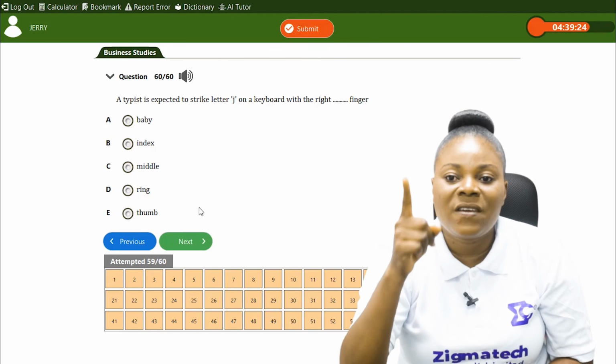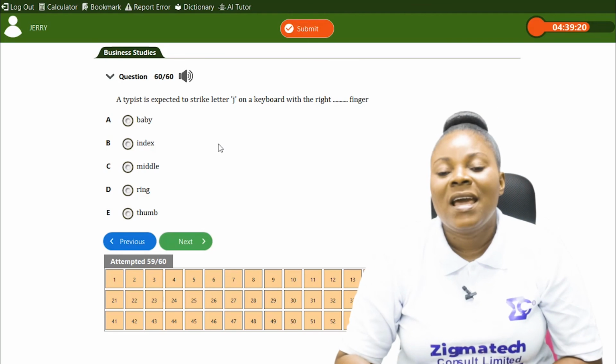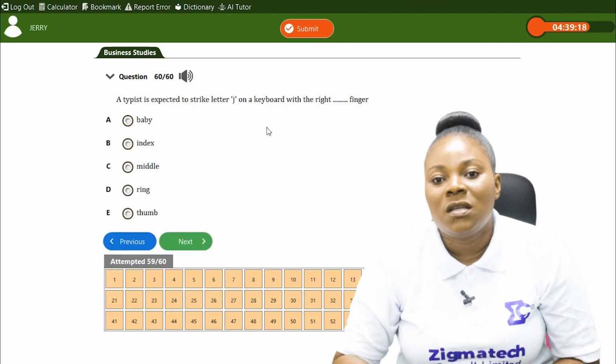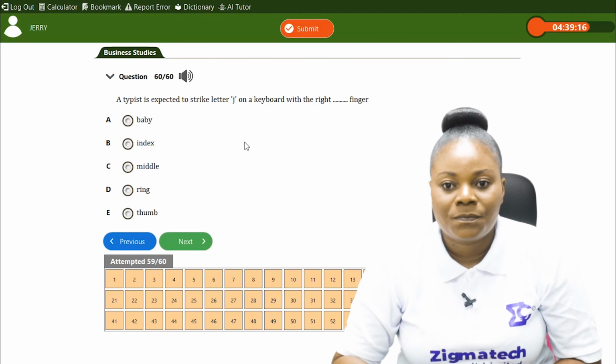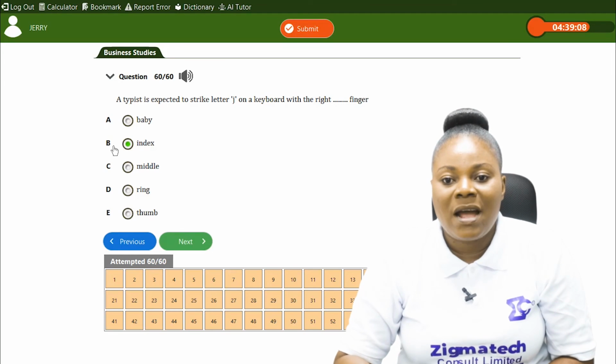So the index finger is the appropriate finger used to strike letter J on the keyboard. That's option B, so the right answer is option B.